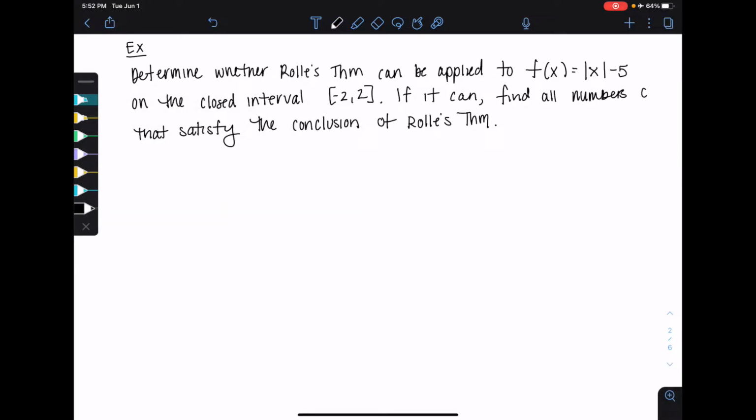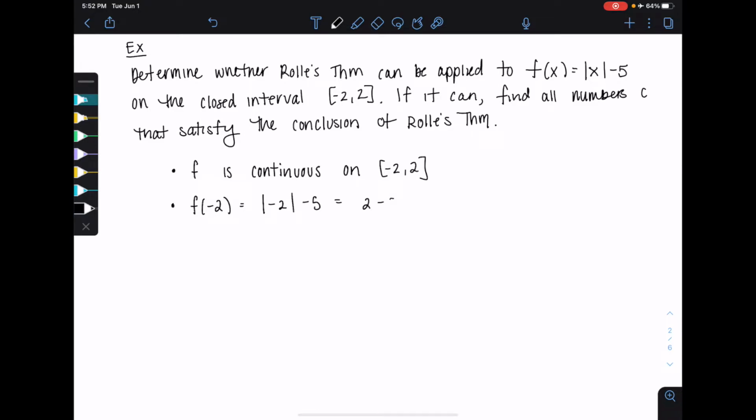So we have 3 things that have to be satisfied. First, this is an absolute value function. F is definitely continuous on the interval from negative 2 to 2. If we look at the endpoints, if we plug in negative 2, that would be the absolute value of negative 2 minus 5, which is negative 3.